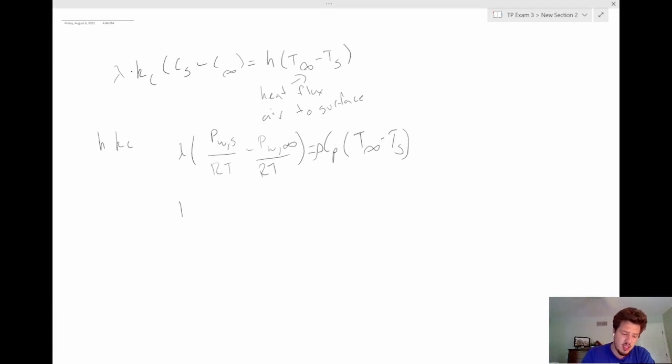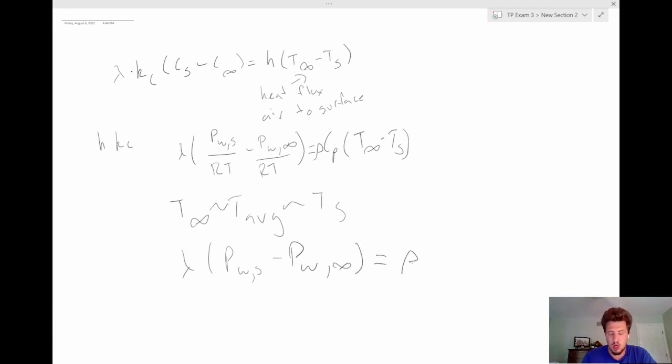So we'll say that the temperature of the surroundings, the average temperature, which is the T in the RT, and the temperature at the surface are all roughly about the same, which cancels out R over T, and then we're left with lambda times the partial pressure of water at the surface minus the partial pressure of water away from the surface is equal to the total pressure, Cp times the temperature away from the surface.